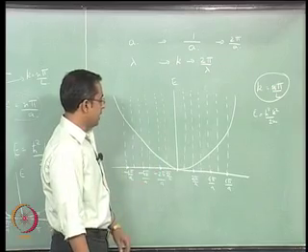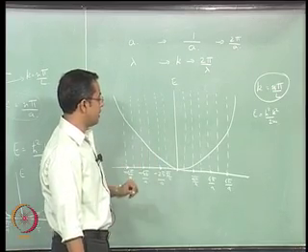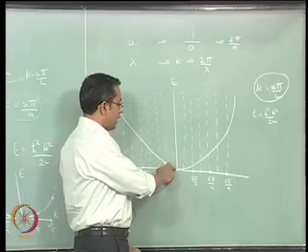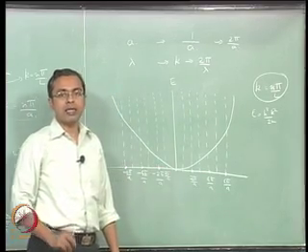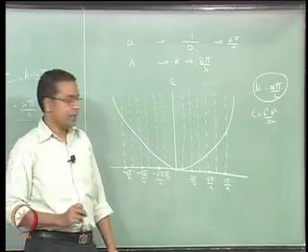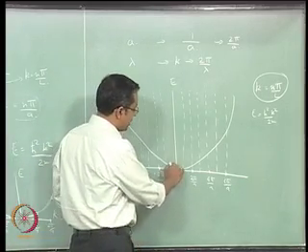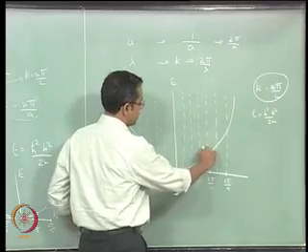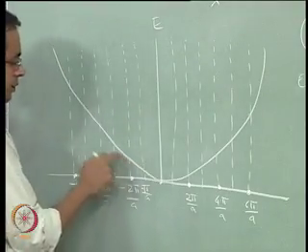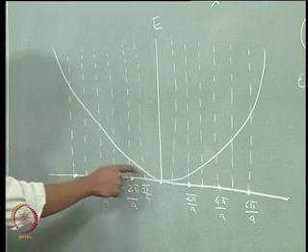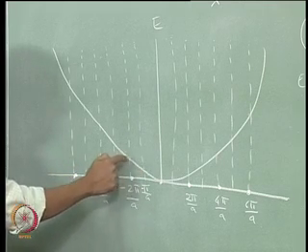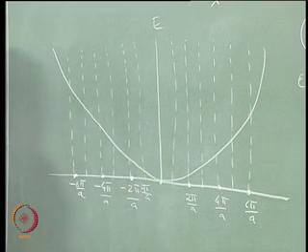We have already seen that when the k vector touches the Brillouin zone boundary, diffraction occurs, alright. Therefore diffraction is occurring at all of these locations, where the k vector is touching the boundary of a Brillouin zone, okay.